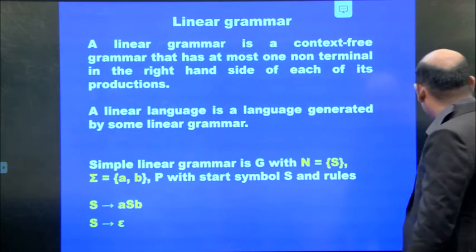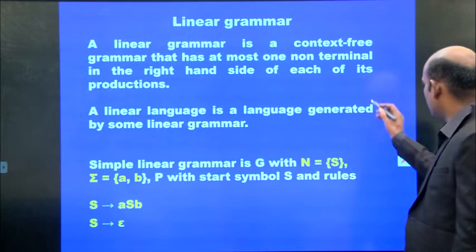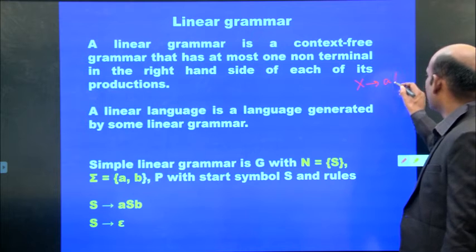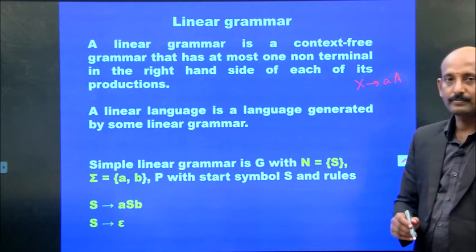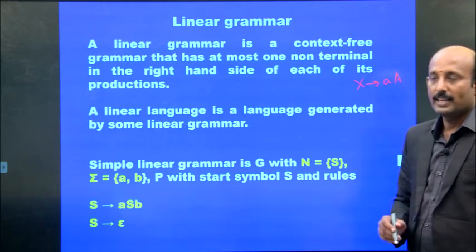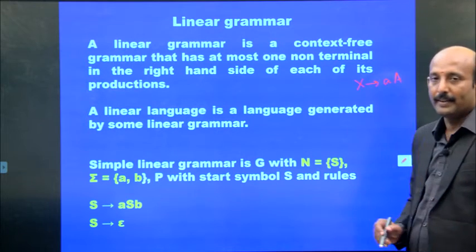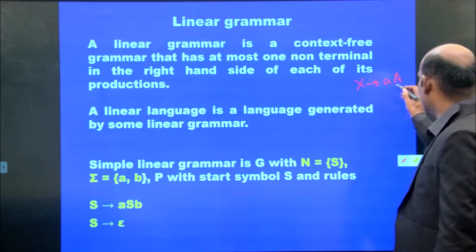So what is the meaning here? Suppose I have a production S goes to small a, capital A, a grammar in the form X equals small a, capital A, where A is a non-terminal.